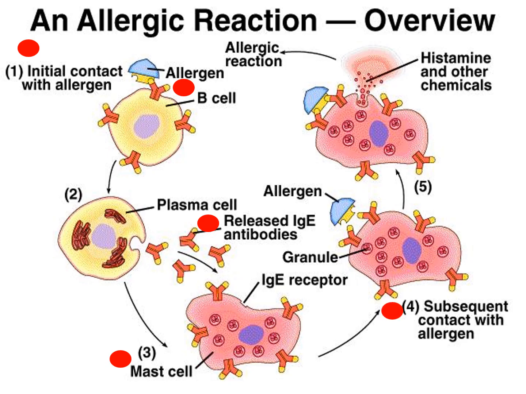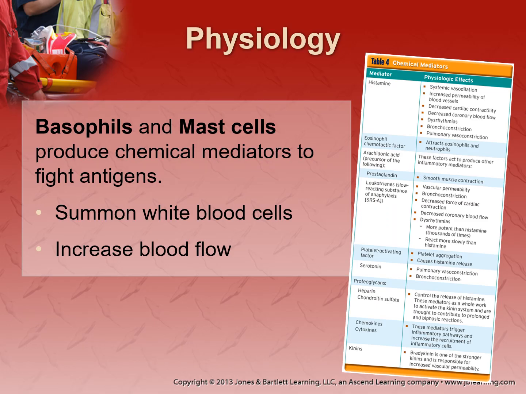So the next time we come across that allergen, it's going to pop onto one of these mast cells that have the antibodies there. When that happens, that cell will degranulate. That means it'll be going away, and all of those chemicals are going to be released. Those chemicals are somewhat important, so we're going to go over them.